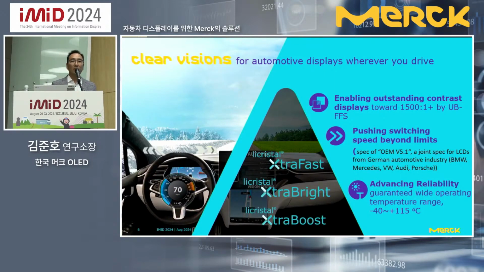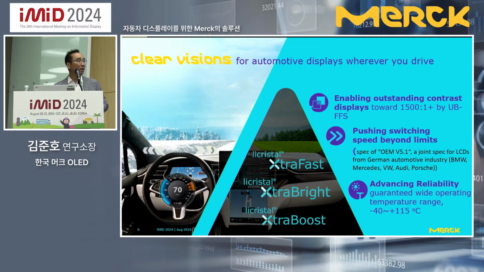So we offer a clear vision for automotive displays wherever you drive. We enable outstanding contrast displays toward 1,500 to 1 or even beyond, thanks to our UBFFS mode. We are also pushing switching speed beyond the limit to enable your display to respond swiftly to your command.